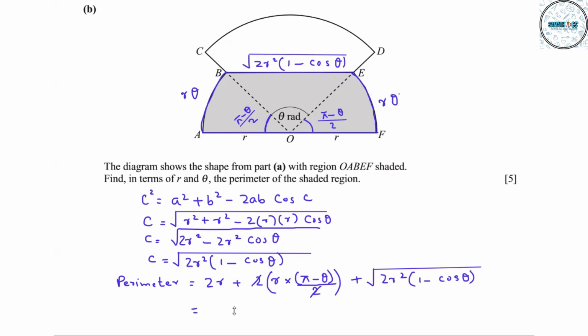So when we simplify it, it will become 2r plus r into pi minus theta plus under root 2r square 1 minus cos theta.